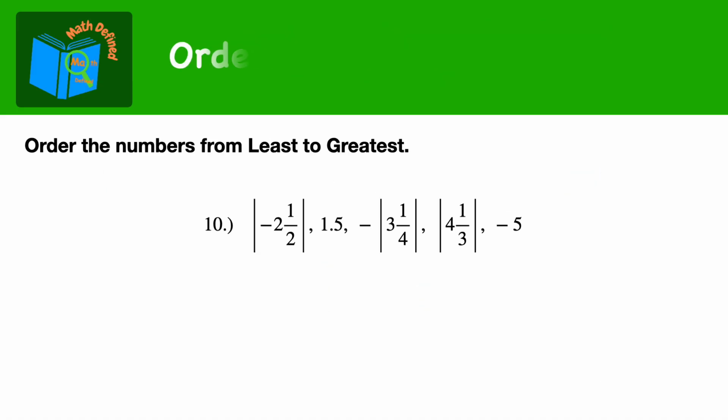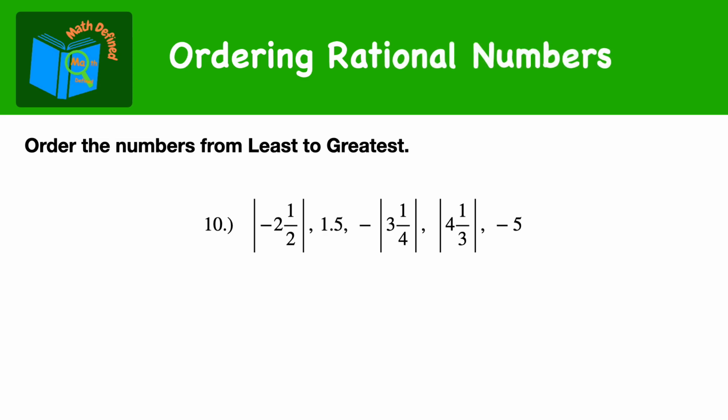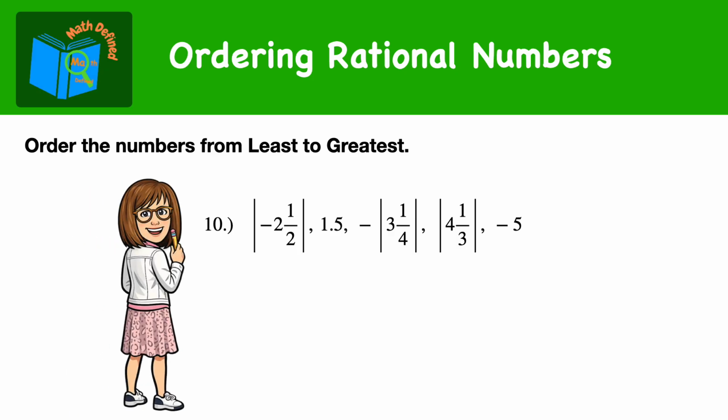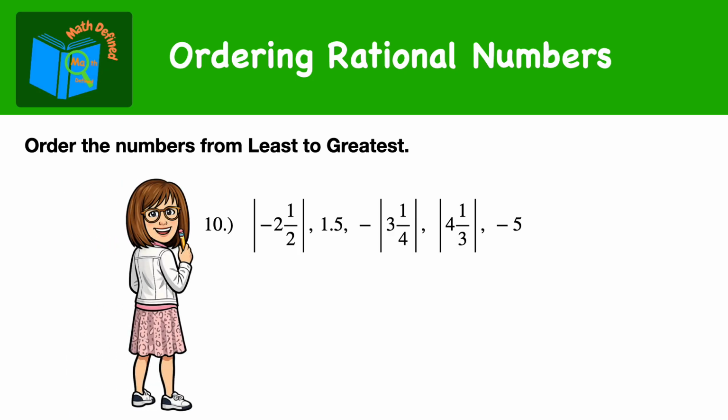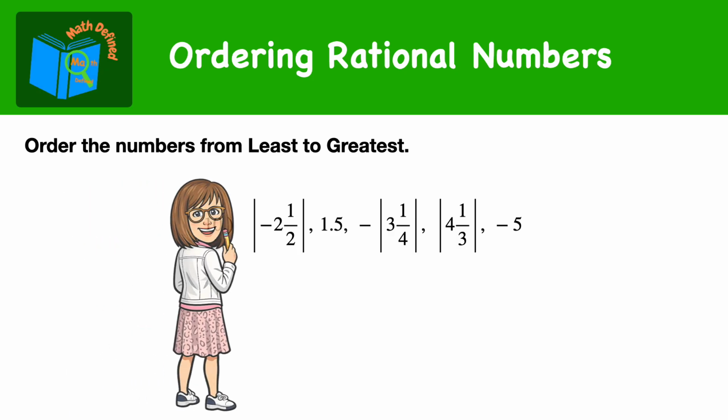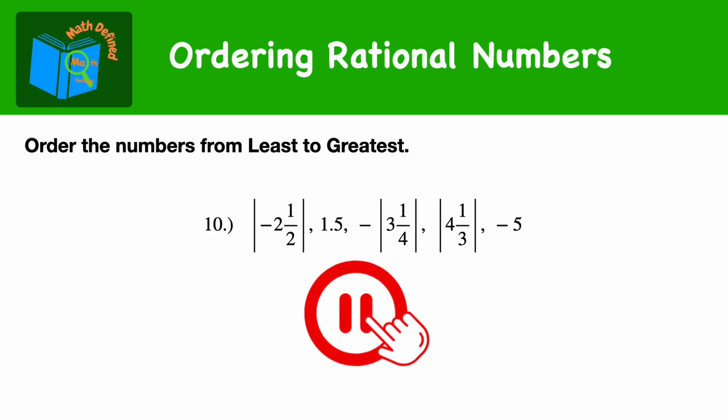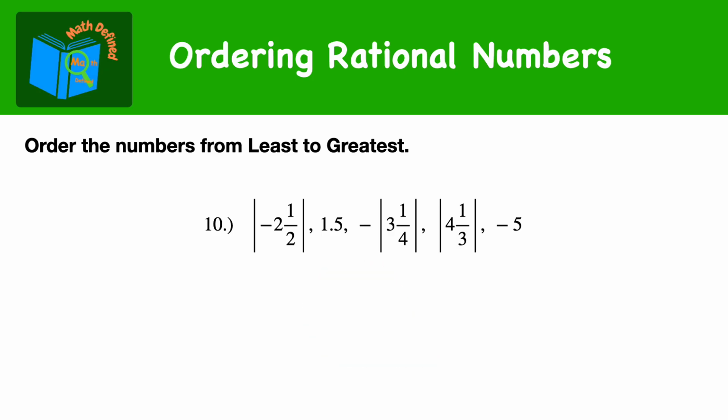Let's move on to ordering rational numbers. Go ahead and order these numbers from least to greatest. Remember to simplify the absolute values first and then compare. All right, let's work through this together. The first thing we want to do is simplify the absolute values.